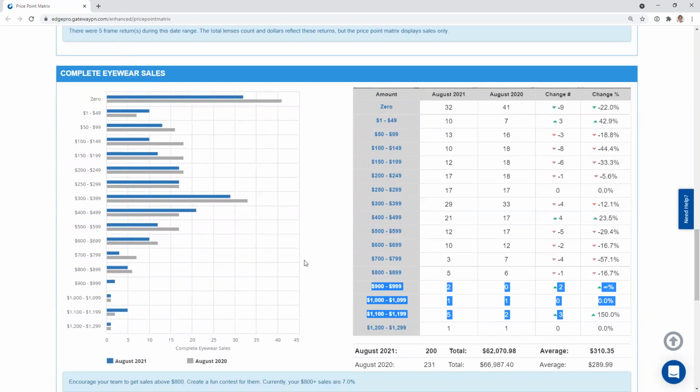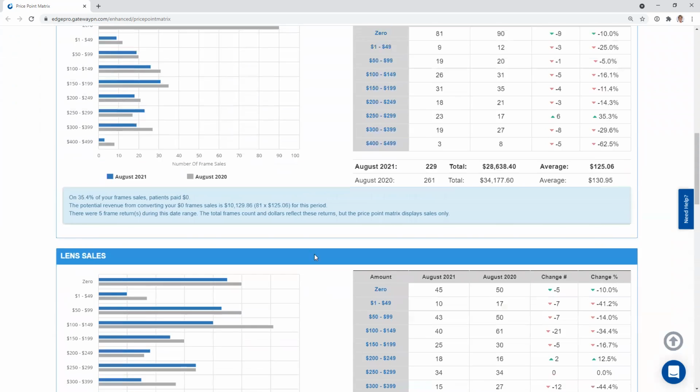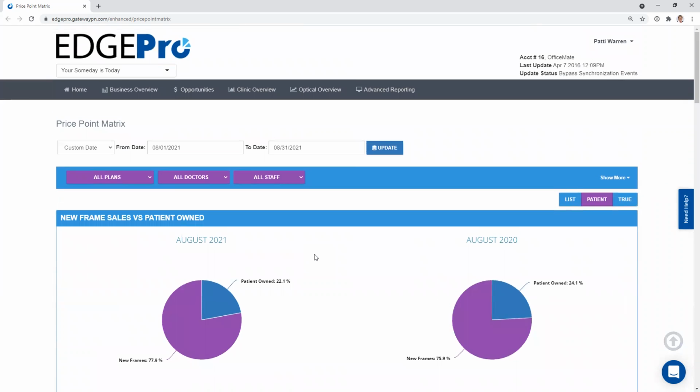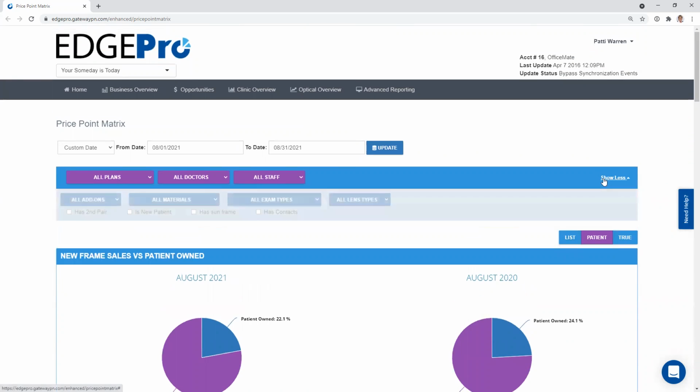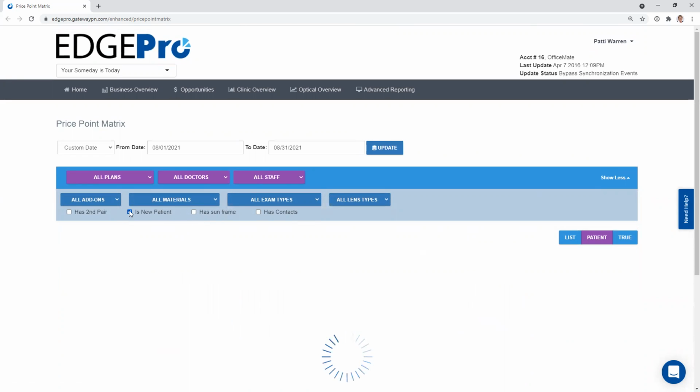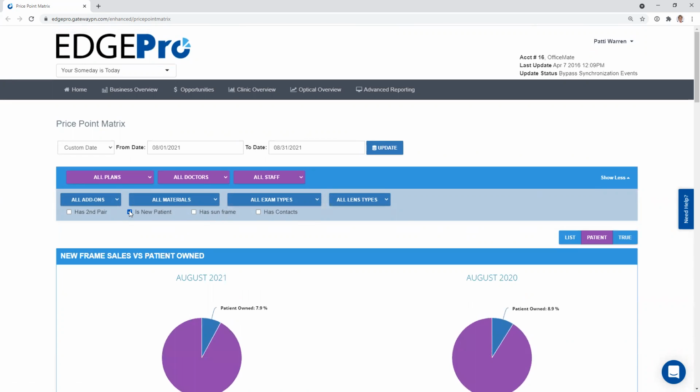Now, a few other things that you can do on this page that I like is, this is the trends. Spending habits, I always call my trends. It's the trends of my patients' habits. I can come back up here to the top and scroll back up. I have a show more button. This is located on several pages within advanced reporting. But if I wanted to see the spending habits of my new patients, all I've got to do is click on it.